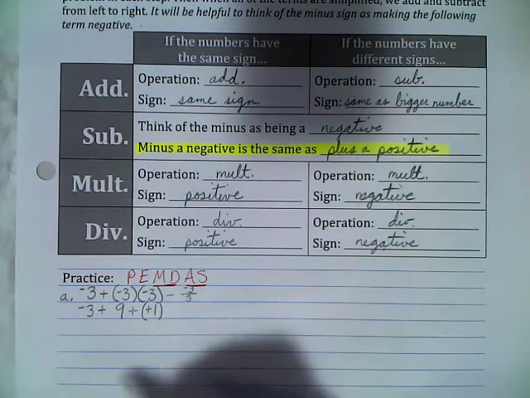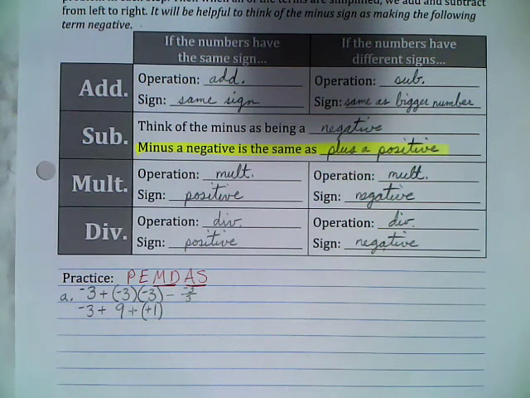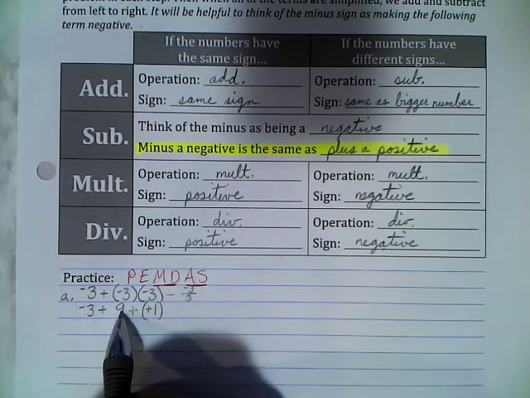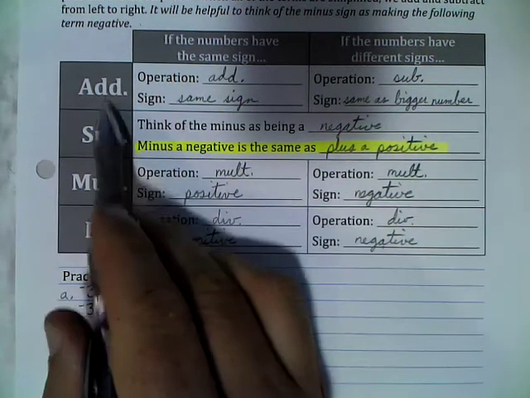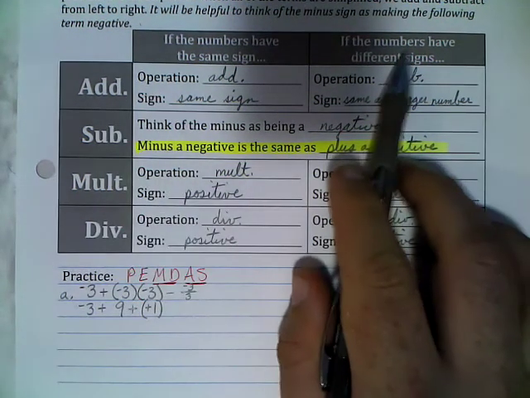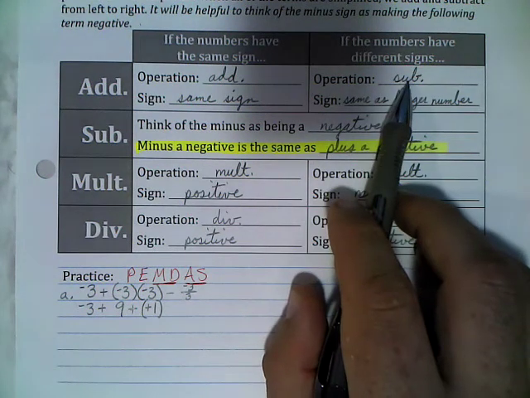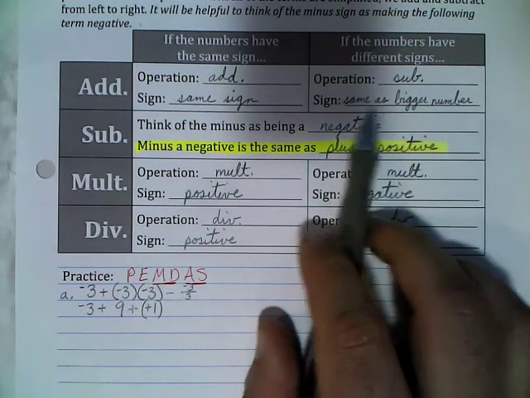So now let's go ahead. We've simplified all the terms. Now we need to add the terms together. So a -3 plus a +9. So I'm adding. They have different signs. So the operation I'm going to do is I'm actually going to subtract. So 9 minus 3 is 6. But then its sign will be the same as the bigger number.